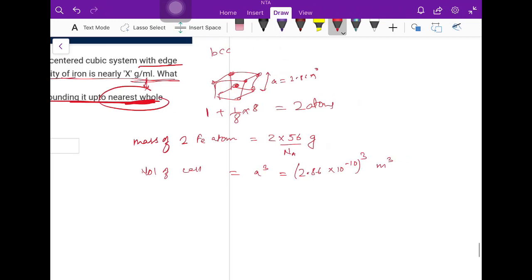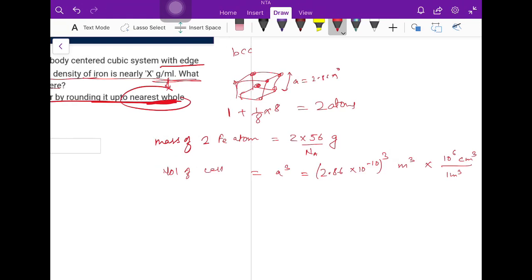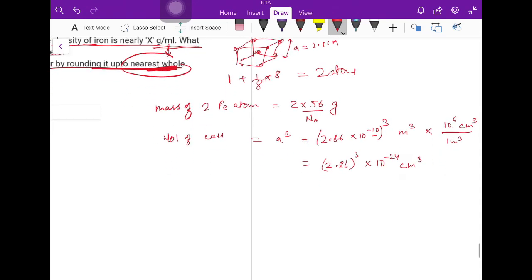So meter cube needs to be converted to centimeter cube, so 1 meter cube is 10 to the power 6 centimeter cube. 1 meter is 100 centimeters, so 1 meter cube is 10 to the power 6. So this becomes 2.86 cube into 10 to the power minus 10, so minus 30 plus 6, minus 24 centimeter cube. So we know gram, we know ml, we just need to divide this.